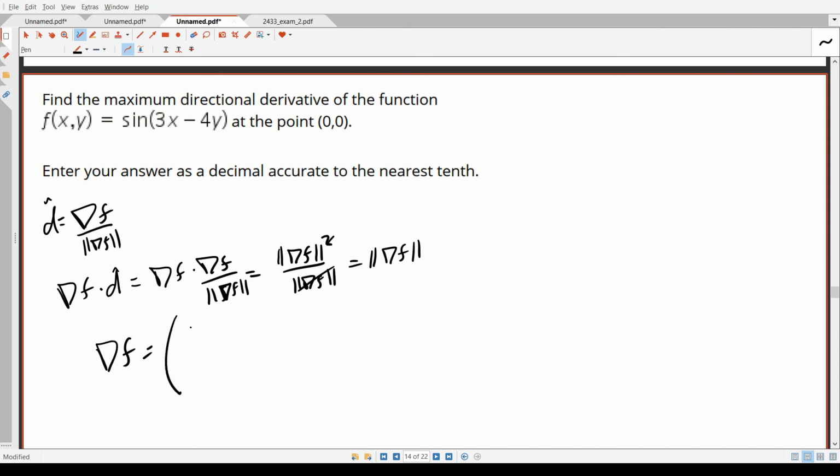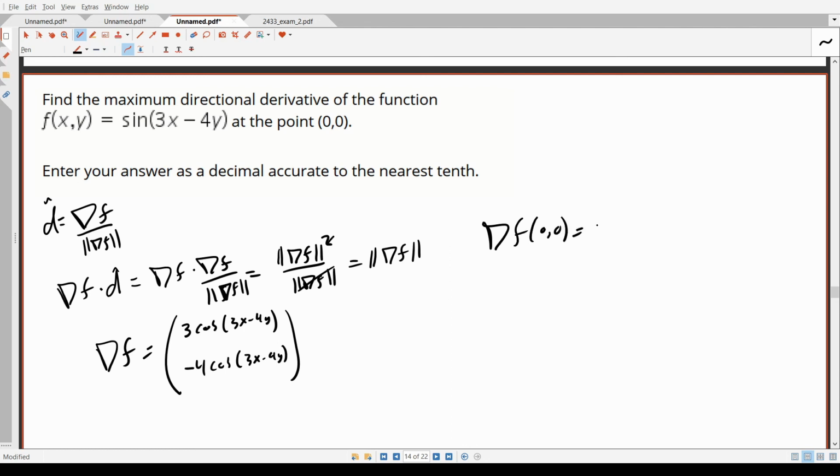So this is going to be, sine is cosine, so it's going to be 3 cosine 3x minus 4y, and here's going to be minus 4 cosine 3x minus 4y. So the gradient at the point 0, 0.